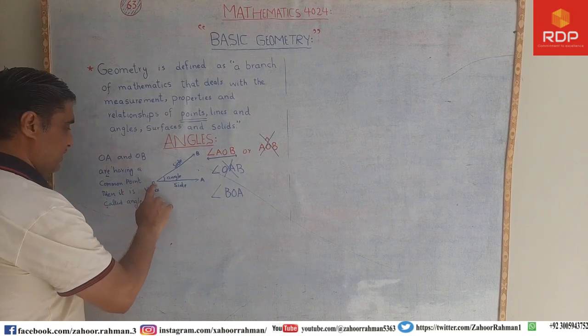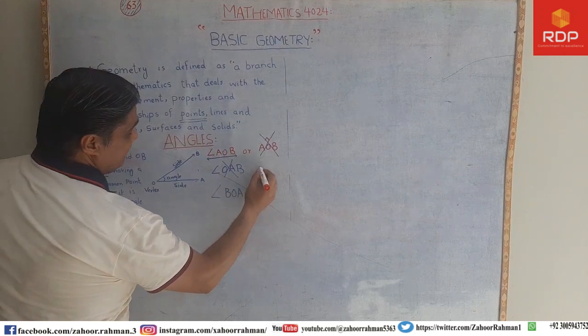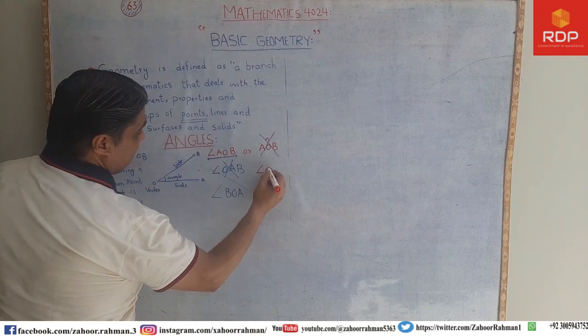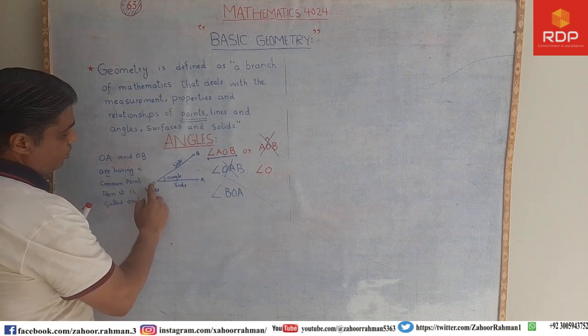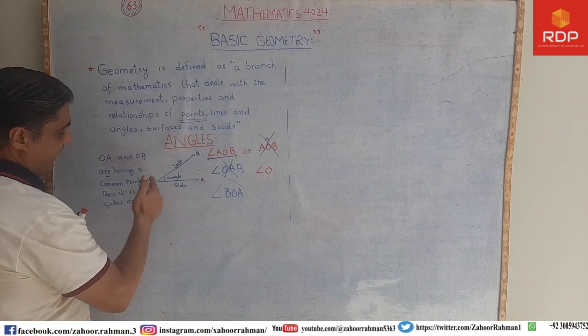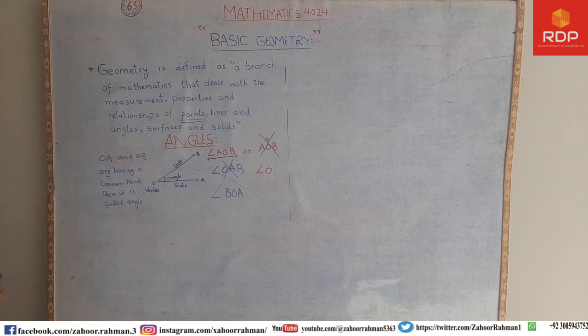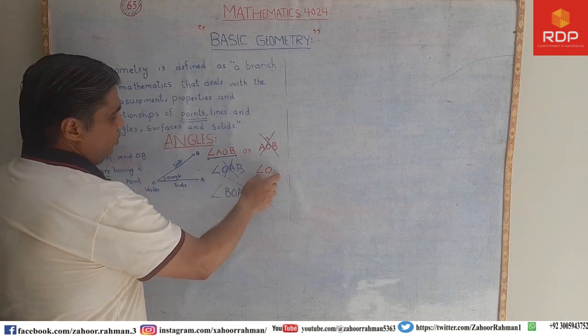If we do not understand which angle the book is referring to, then simply we can write angle O. So angle O could be AOB and BOA. So generally we are saying angle O.